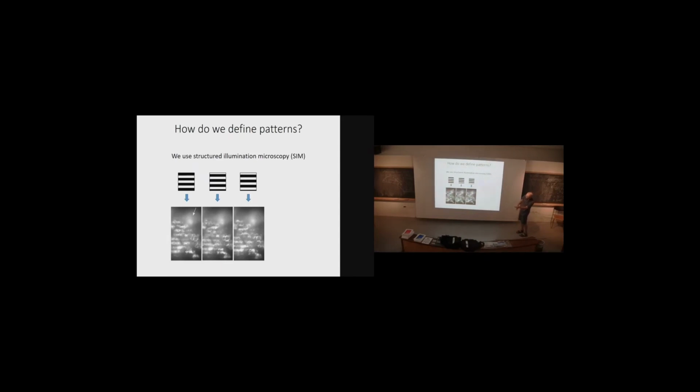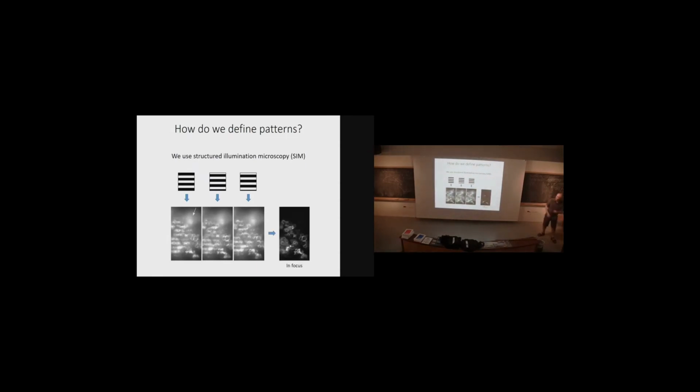So here you're illuminating with a grid, and wherever you see the grid, that's structure that's in focus. Wherever you don't see the grid, it's because that grid has been so blurred that it's out of focus. And so from these three images, you extract what you see in the grid, and thus you're extracting what's in focus.